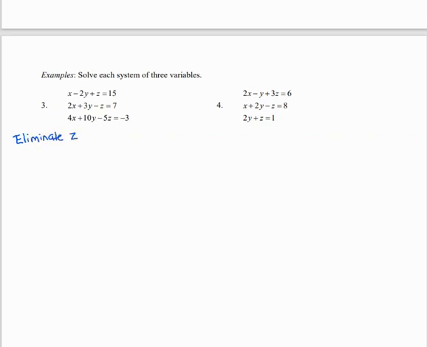And the reason I'm doing that is because in the first two equations, I can see that the z's are already opposites. So I'm going to keep myself organized. I'm going to group the first and second equations together. So I'll have x minus 2y plus z equals 15, and 2x plus 3y minus z equals 7.